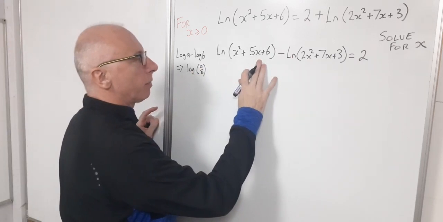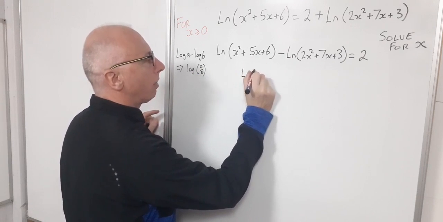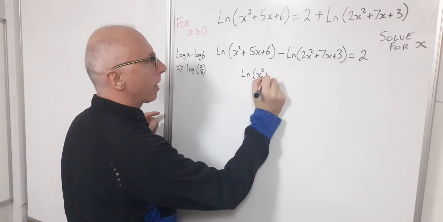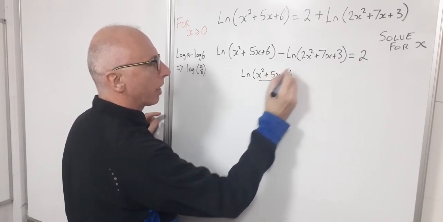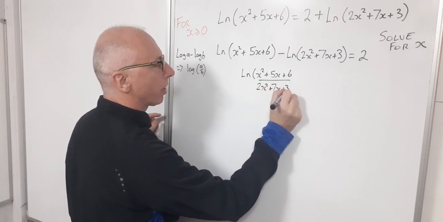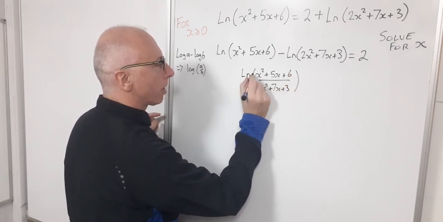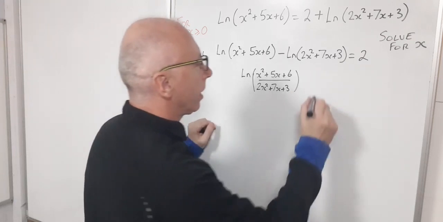So let's put this one in the numerator. So log of x squared plus 5x plus 6 divided by 2x squared plus 7x plus 3, and that's all inside the brackets there. Okay, and then let's set that equal to 2.